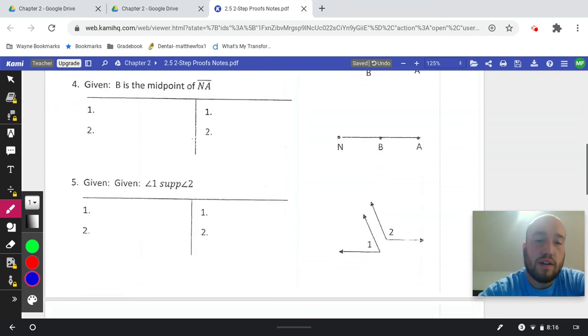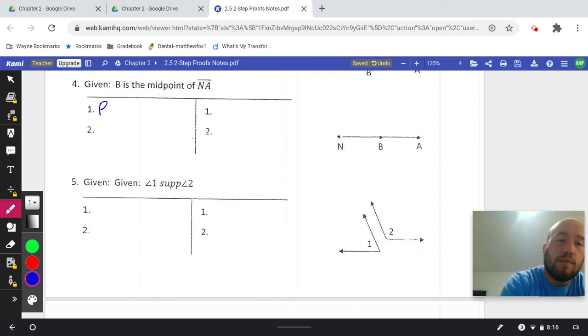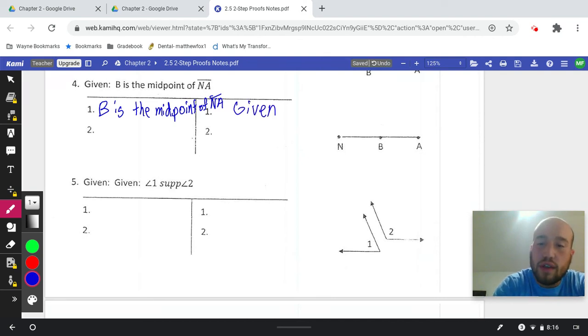All right. I'm not going to do all of them, but this next one, B is the midpoint of NA. And if that's our given, if that's the midpoint, hopefully you know then that these two sides are equal.